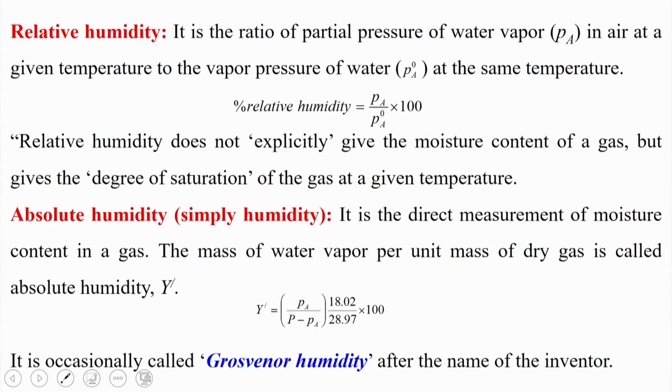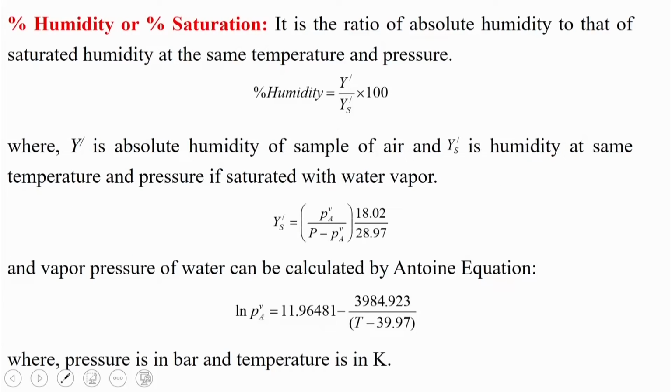Now, percentage humidity or percentage saturation is the ratio of the absolute humidity to that of the saturated humidity at the same temperature and pressure. So, percentage humidity is equal to Y prime by Y s prime into 100, where Y prime is the absolute humidity and Y s prime is the humidity at the same temperature and pressure if saturated with the water vapor.